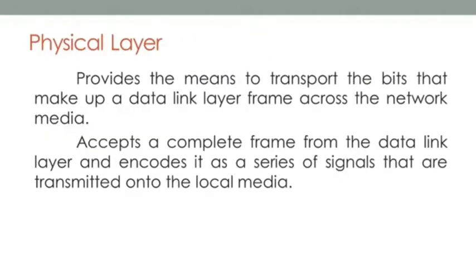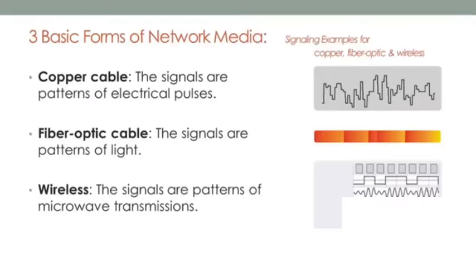The physical layer provides the means to transport the bits that make up a data link layer frame across the network media. It accepts the complete frame from the data link layer and encodes it as a series of signals.